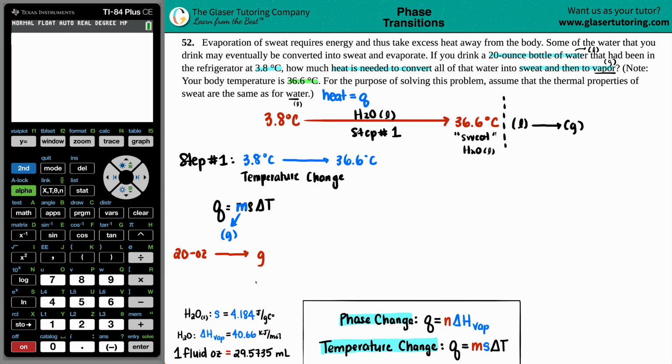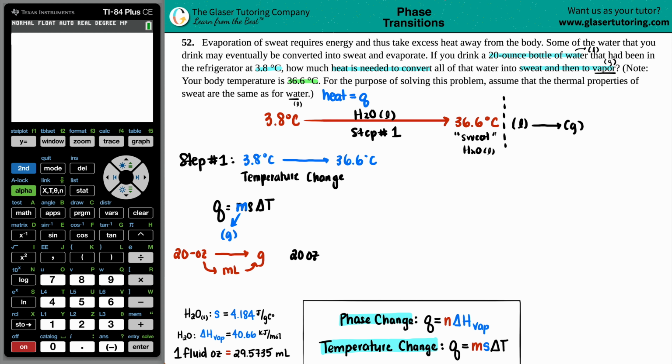Now, how do we do that? Well, just know that 1 fluid ounce equals 29.5735 milliliters. We can go from ounces to milliliters, and then we can think of the density to get to the grams. So the middleman is the milliliters, and then we go up to grams using density. So, 20 ounces.